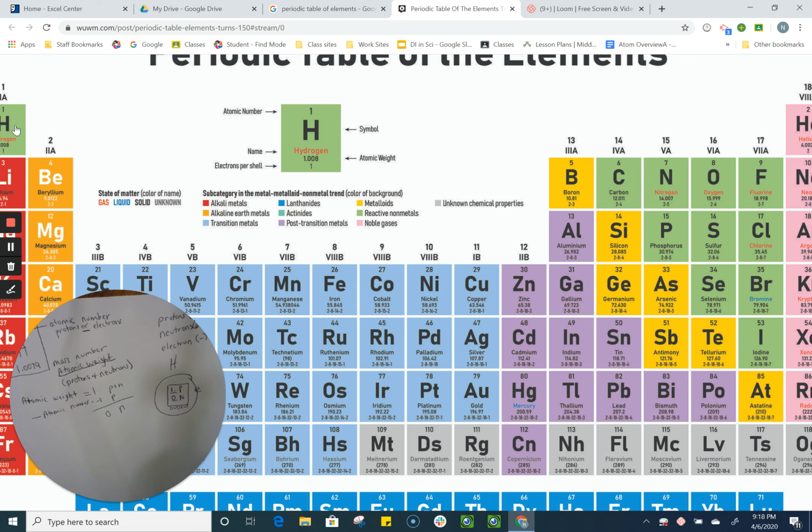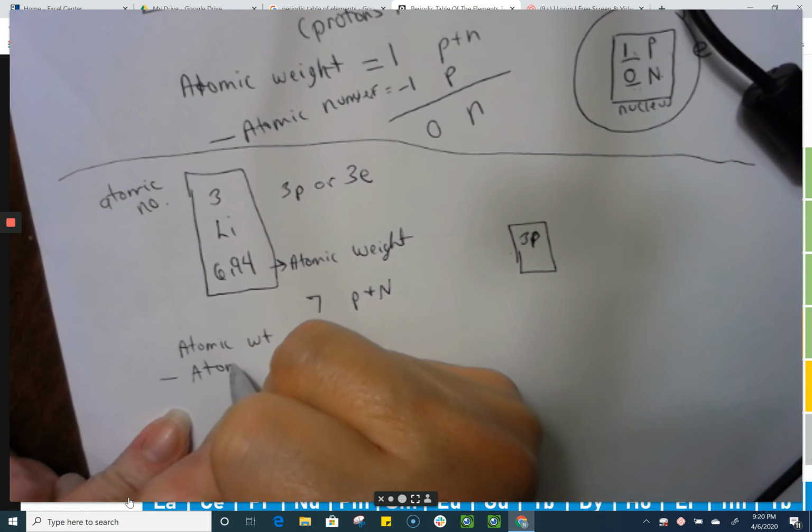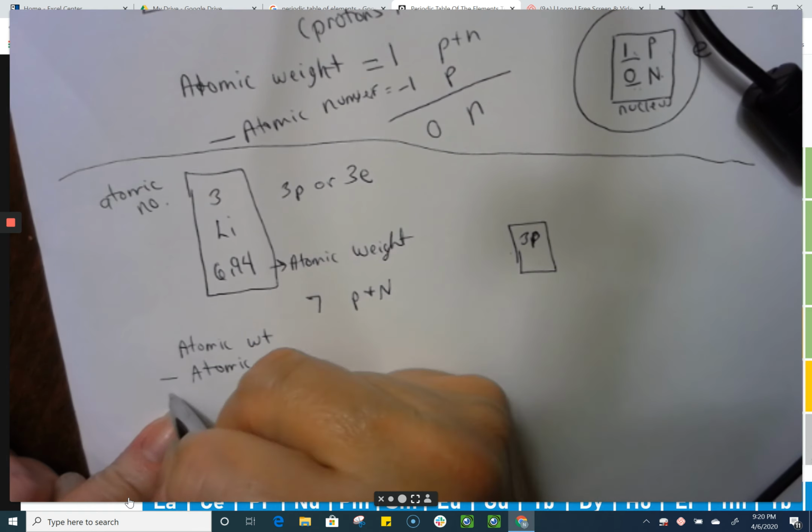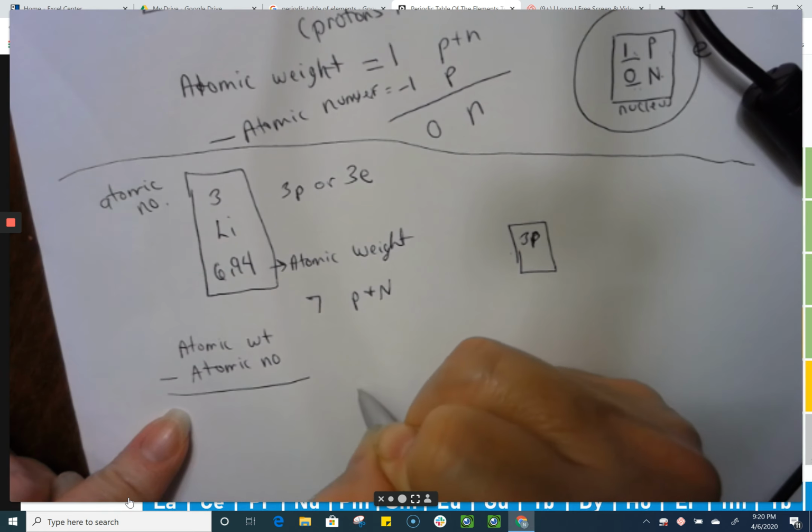The atomic weight can be the protons and the neutrons combined. So if I was going to diagram an atom of lithium, I'm going to draw my nucleus. The number up here tells me my protons, so it has 3 protons. To find the neutrons, I'm going to take the atomic weight and subtract from it the atomic number.